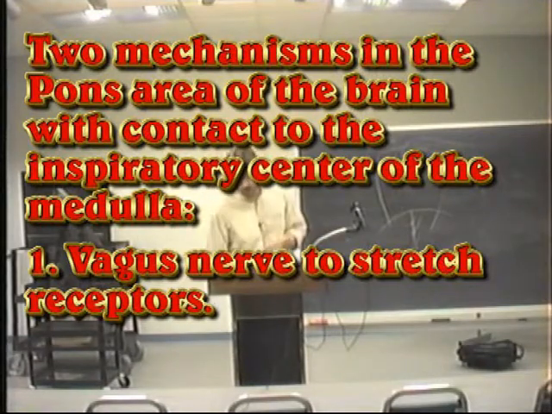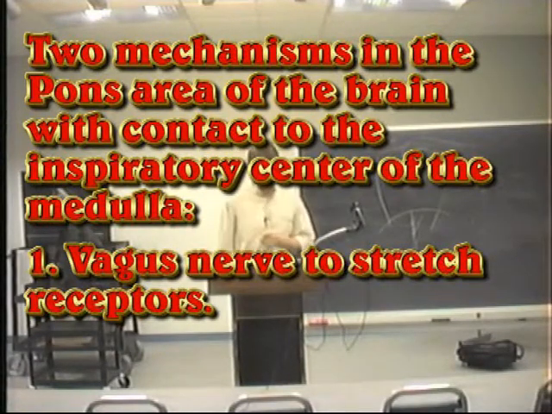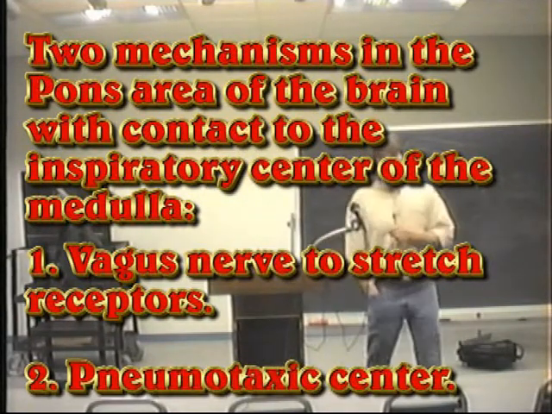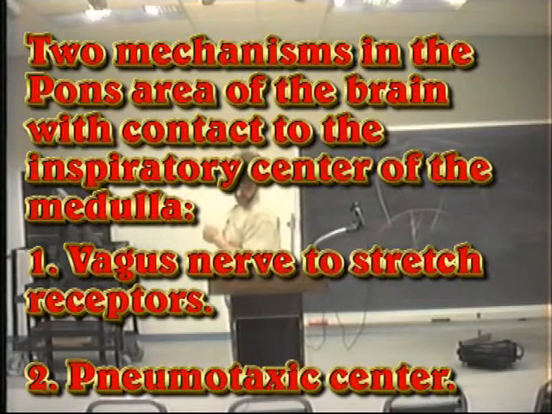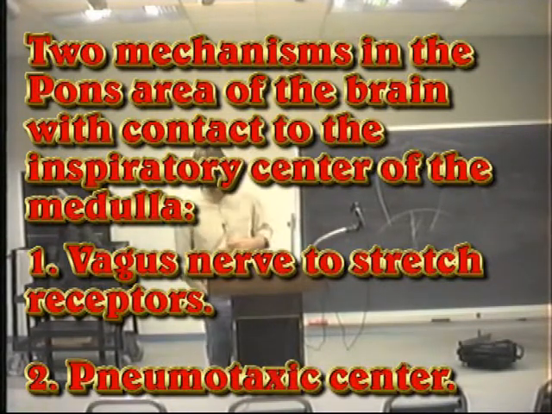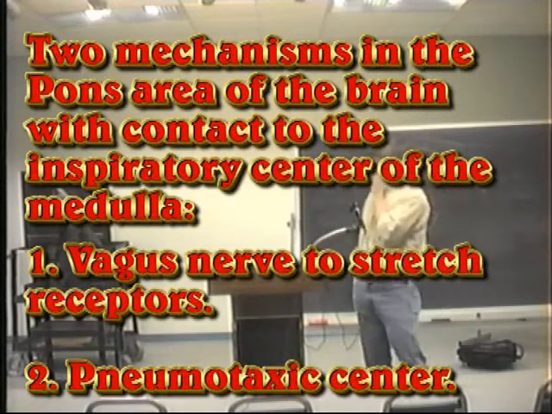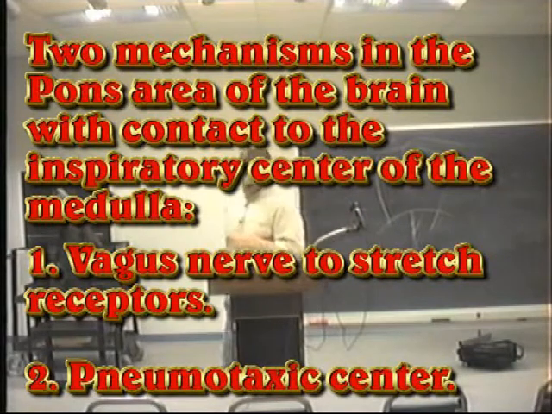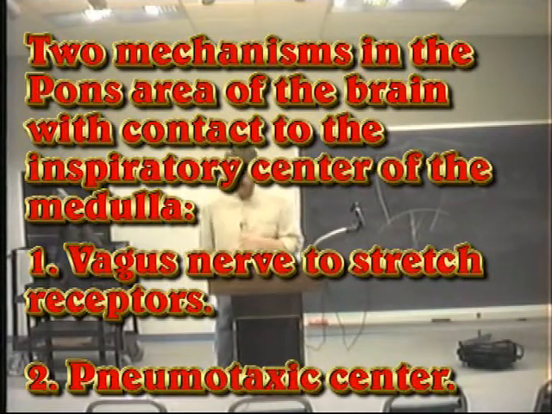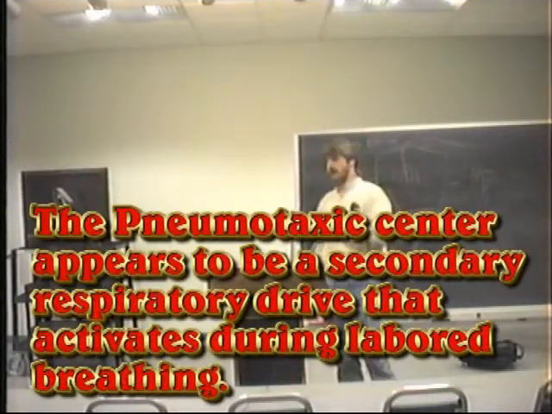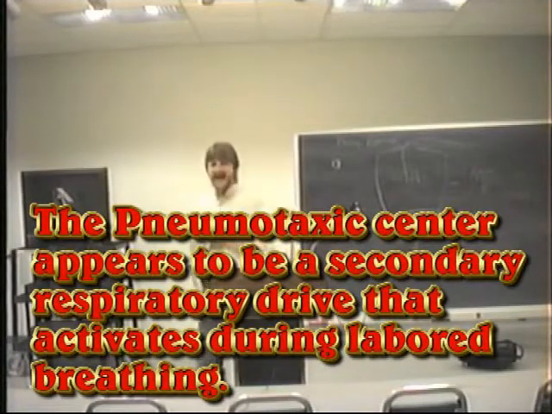And we have another one, also located in the pons, called the pneumotaxic center. Pneumotaxic, just in case you need to spell it: P-N-E-U-M-O-T-A-X-I-C. The pneumotaxic center seems to be, we believe it to be, a secondary, sort of a backup.